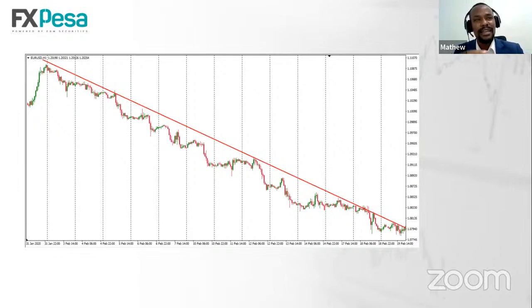Is there anything else you can confirm for me that something different is setting in as compared to the previous momentum, which is a down momentum right now? Is there anything to show there's a different momentum setting into the markets? And that's why I want to combine with moving averages to get a confirmation.